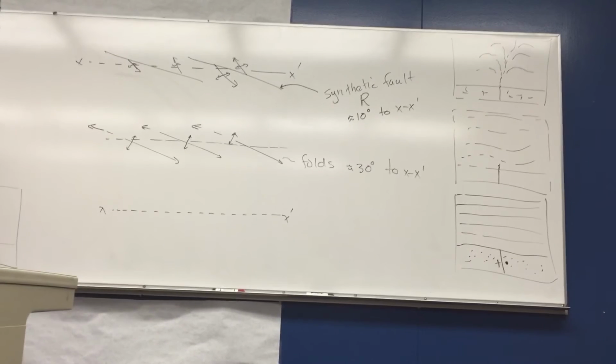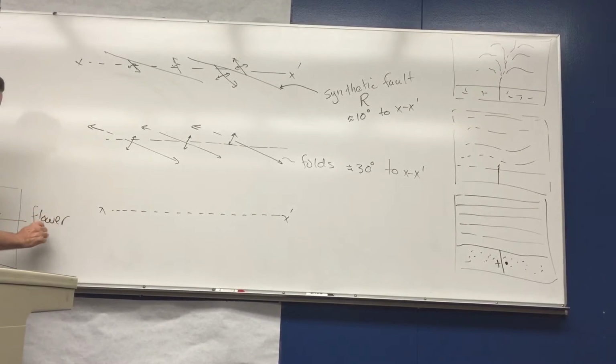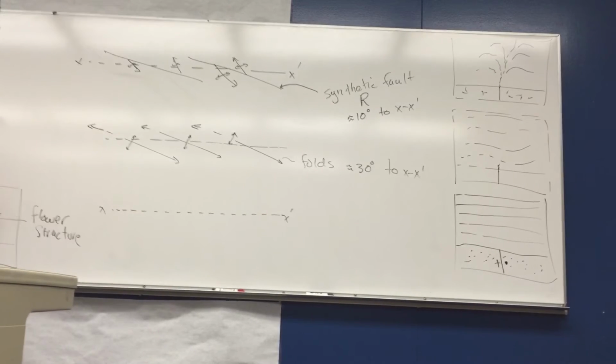I form what is termed a flower structure. In the system that will isolate out these folds in that system, and what we find here, not yet, the main fault still hasn't come to surface.